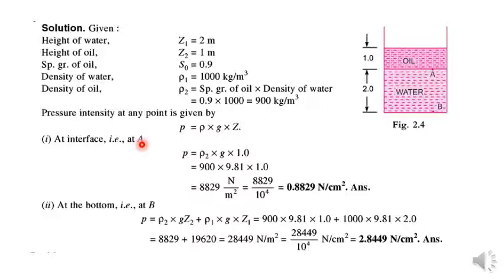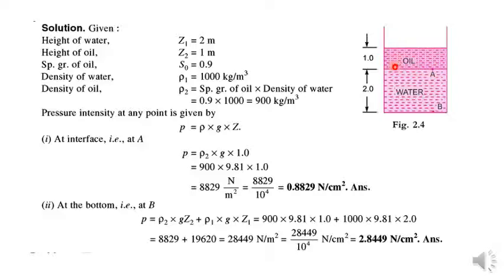So first of all, the pressure intensity is required to be determined at the interface of the two liquids, oil and water. So you can represent it at point A anywhere on this contact surface of oil and water. At any point on this surface, the pressure will remain the same. Okay, why?